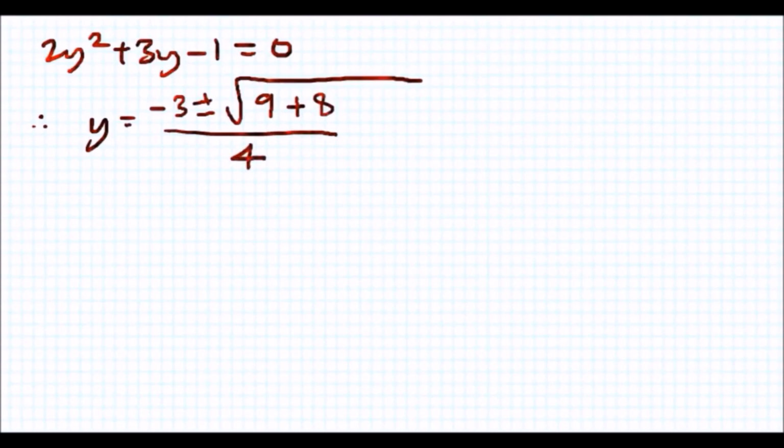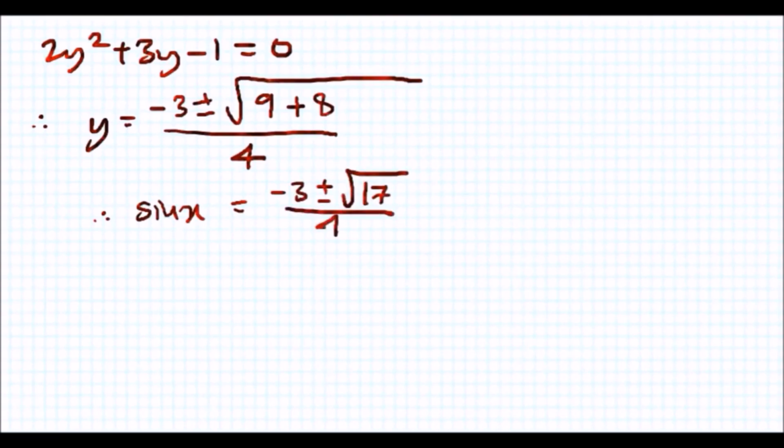Okay, so this seems to be the solution. Yeah, that makes sense, because 9 plus 8 is 17, a prime number. So your two solutions for y, which is sine x, are minus 3 plus minus root 17 over 4.